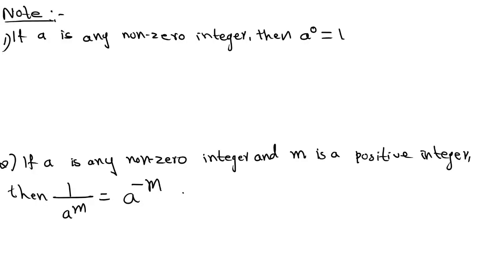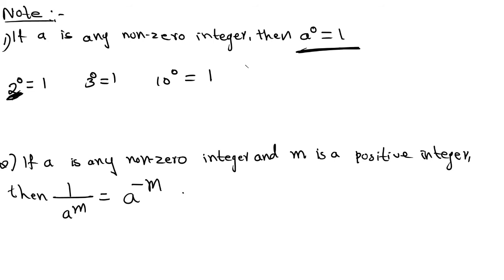Okay, next is a very important note. First one is, if a is any non-zero integer, then a to the power 0 is 1. Remember, it's very important. So here, 2 to the power 0, its value is 1. 3 to the power 0, its value is equal to 1. Or 10 to the power 0, its value is equal to 1. Any number to the power 0 is equal to 1, but that number is not 0.